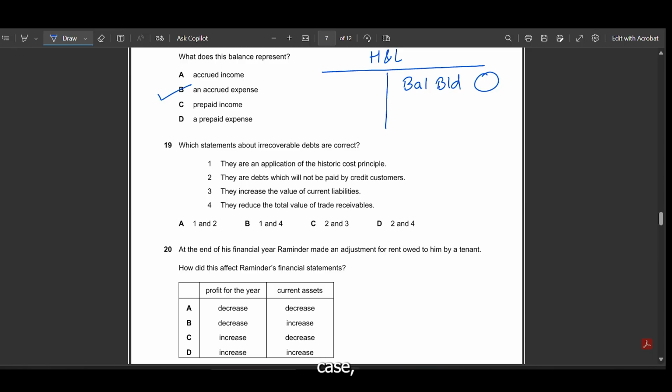So in this case, first of all, what are irrecoverable debts? Irrecoverable debts are the debts which won't be recovered from your trade receivables, from your credit customers. So they are irrecoverable. So obviously, because of this, the total value of my trade receivables would be reduced. So 4 would be there.